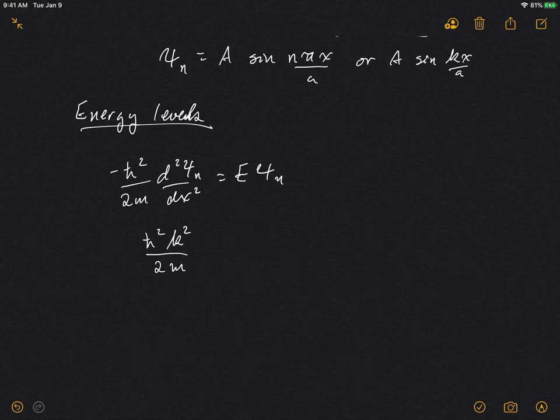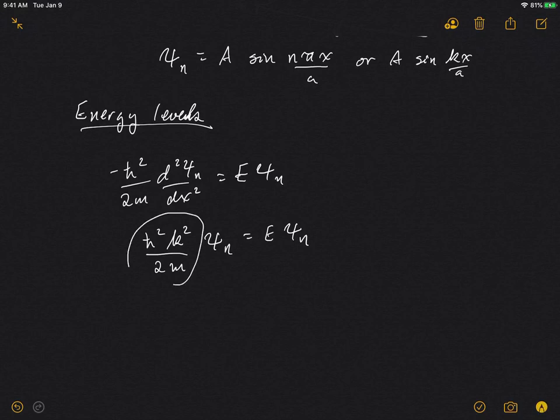The minus k squared comes from taking the second derivative of psi, and then we end up with the psi. When we take the second derivative, we get back the function times minus k squared. So essentially we have this set of constants or parameters on the left-hand side, and then we have energy on the right-hand side.